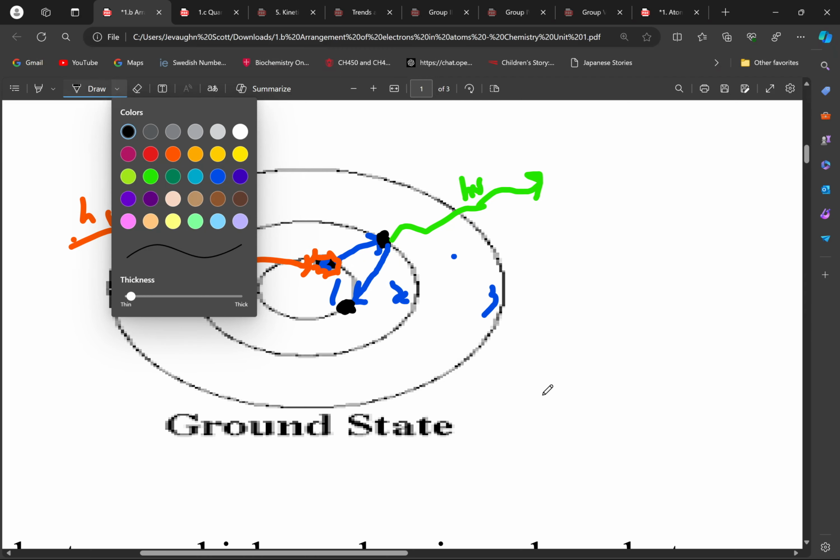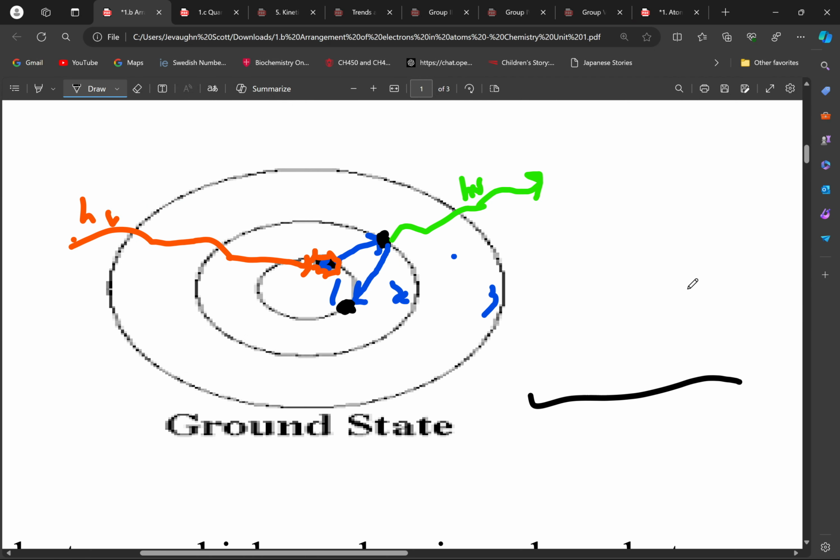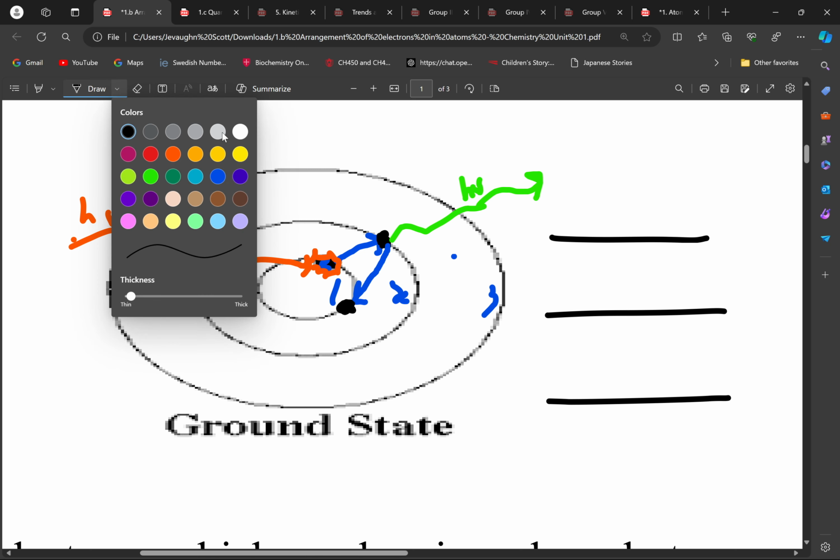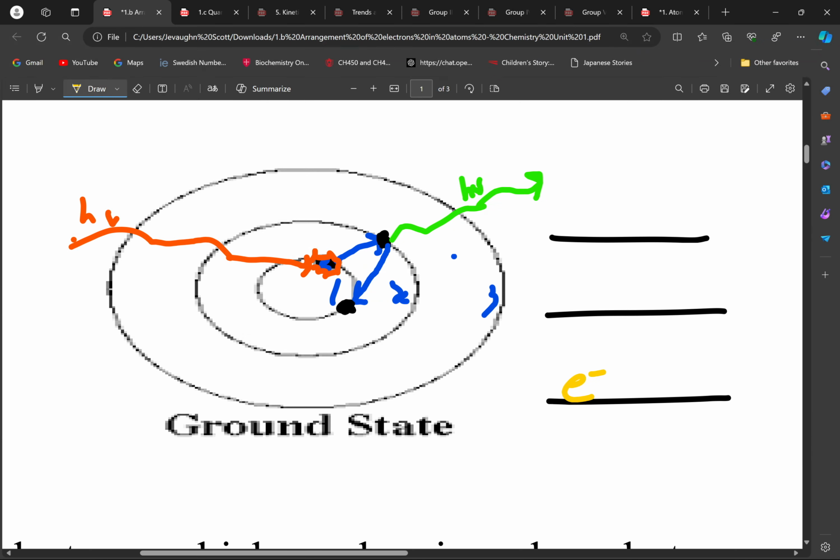Yes, sir. So if we have different energy levels like this, what we're saying is that for an electron specifically, to move to a higher energy level, it needs to absorb energy.